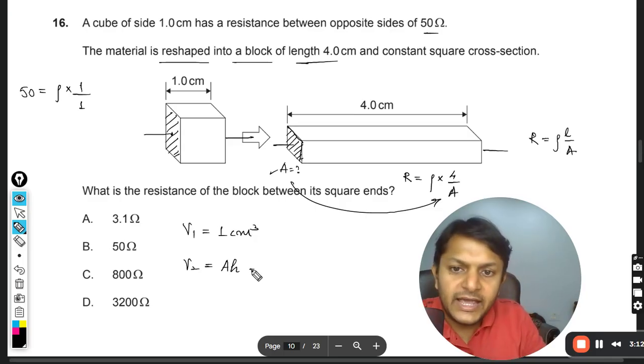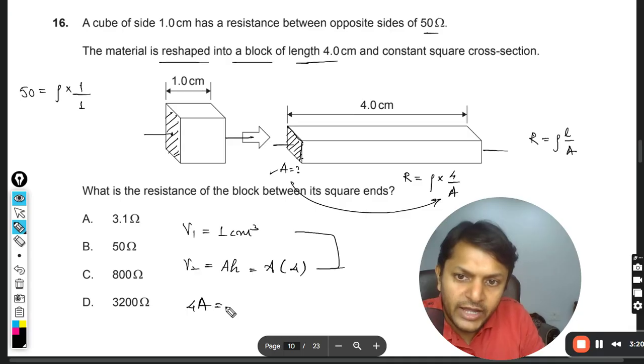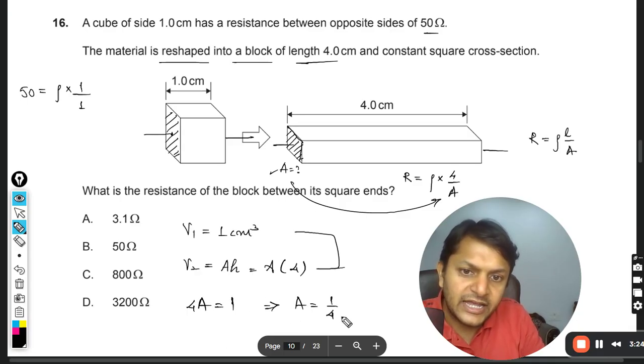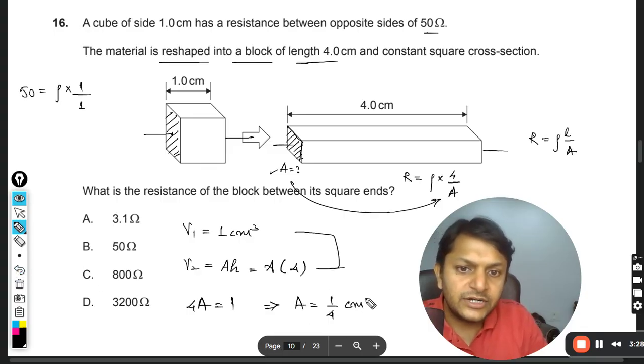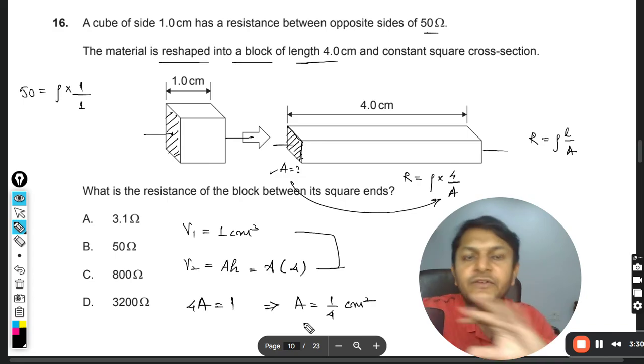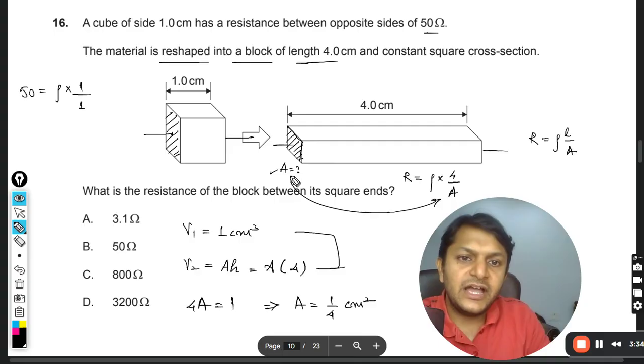A is unknown and L is 4 centimeter. Both of these volumes are equal. It means 4A is equal to 1, which means that the cross-sectional area can be taken as 1 by 4 centimeter square. The units will always be in centimeters now because we have not converted that. So the area here is 1 by 4.